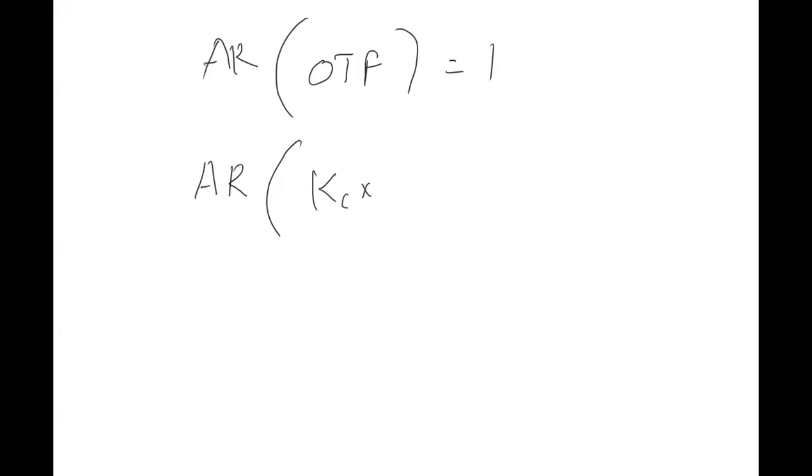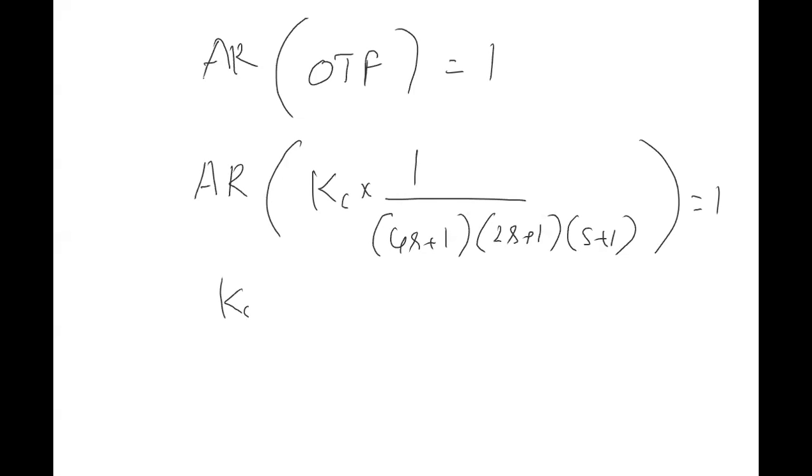Now the amplitude ratio of the open loop transfer function Kc into 1 by 4s plus 1 into 2s plus 1 into s plus 1 is equal to 1.